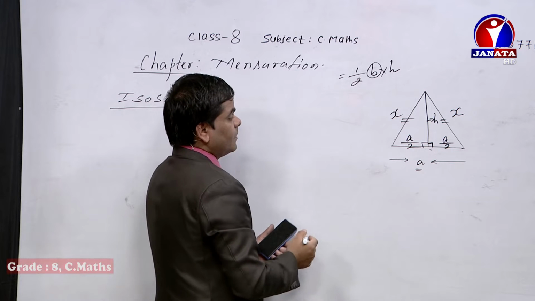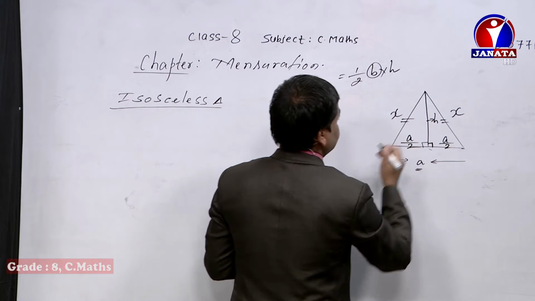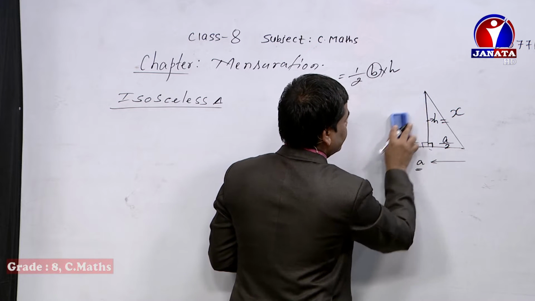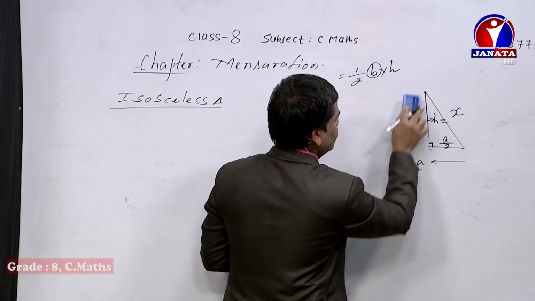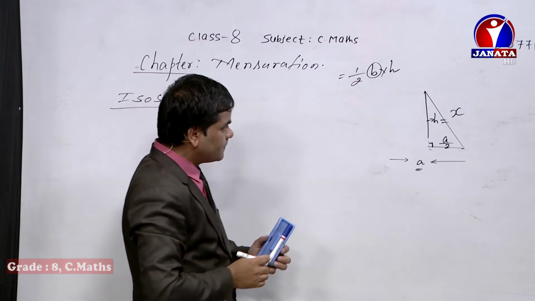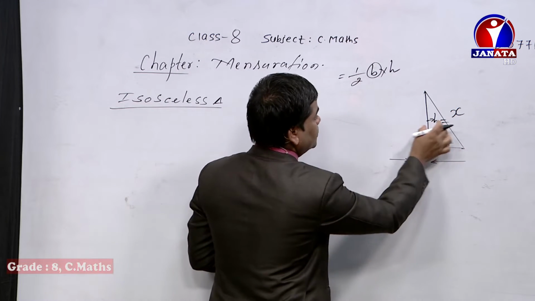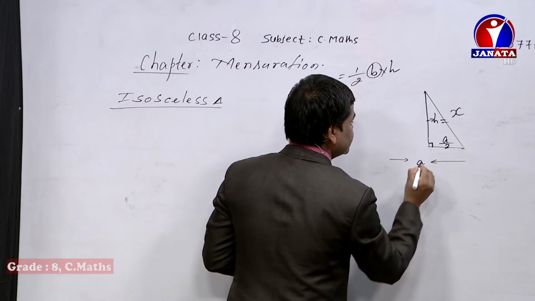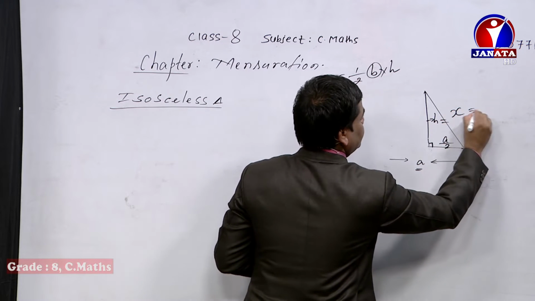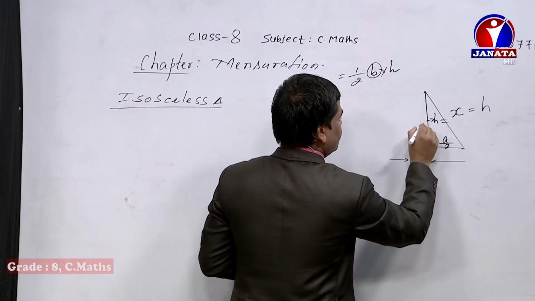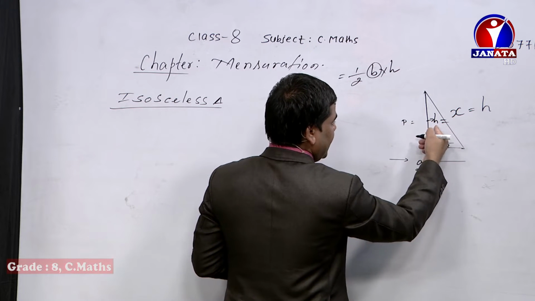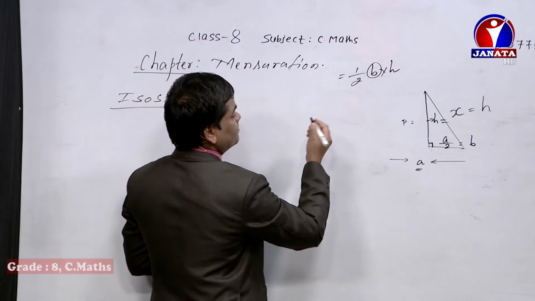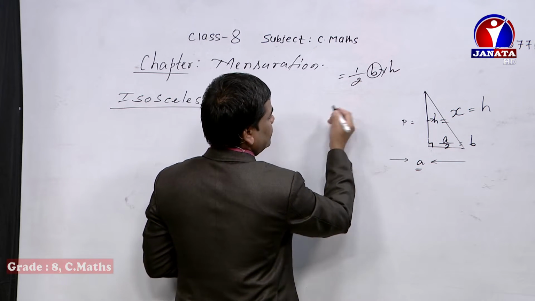So by the help of the Pythagoras theorem in that right angle triangle, let's keep just one right angle triangle, because the whole triangle is divided into two equal right angle triangles. So let's take this one. If we use the Pythagoras theorem here, then the hypotenuse is x, the perpendicular is h, and the base is a by 2. So if we use the Pythagoras theorem, what happens?